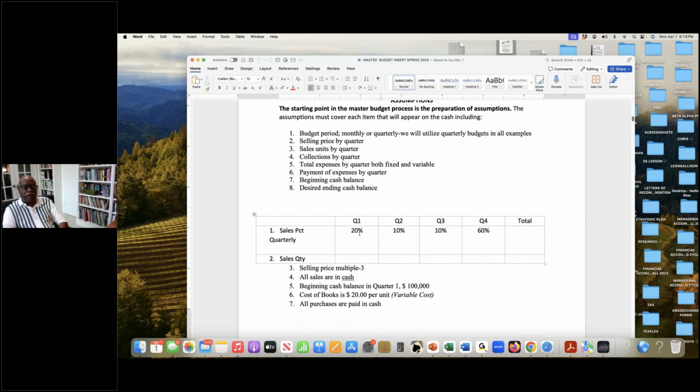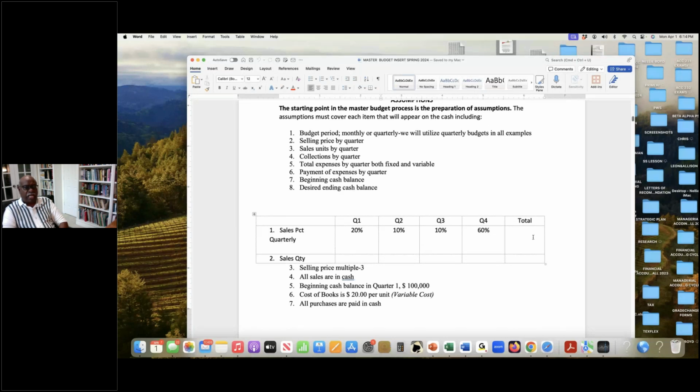They may end up being short of cash in quarters 2 and 3, possibly even 1. And so we have to show the bank a cash budget that reflects what would happen over 4 quarters.